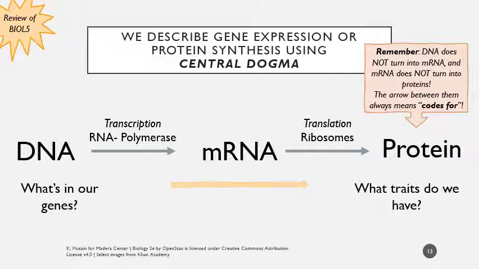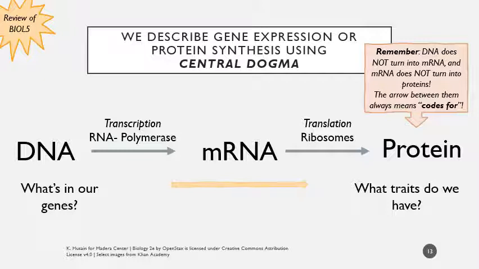Translation then is using that messenger RNA to assemble a protein, it's a code for a protein, and that's done using ribosomes. The way I think about this is your DNA is like a big cookbook that's in every single one of your cells. If you just want to jot down a single recipe from that cookbook, that's like transcription, and then translation is like actually cooking from that recipe.